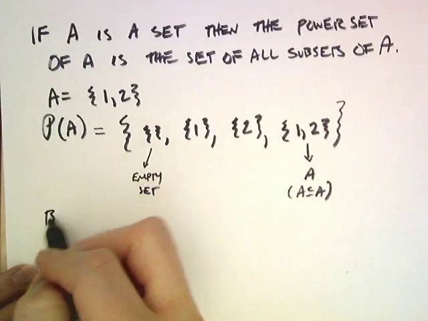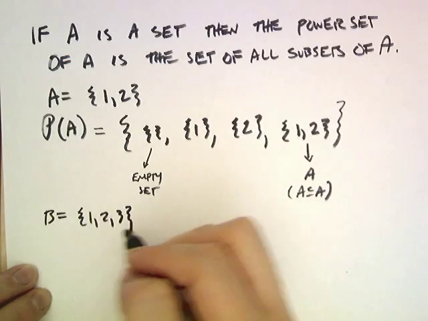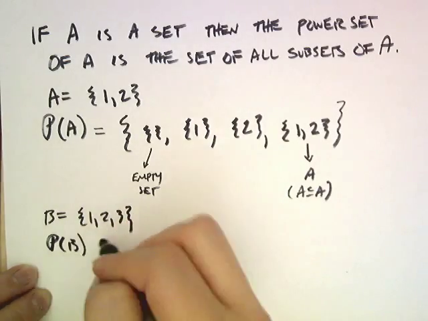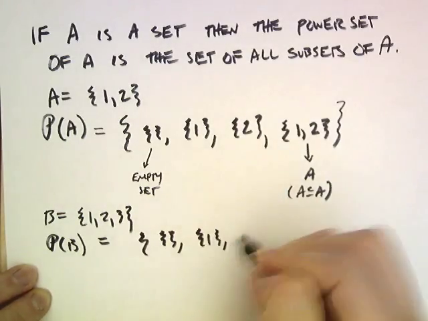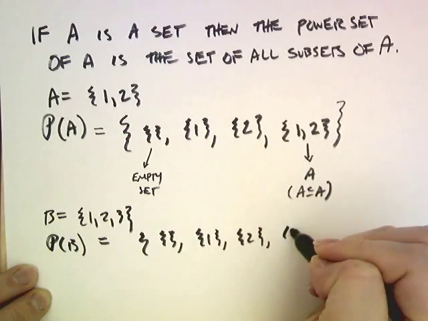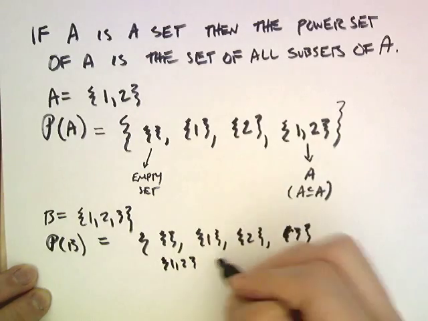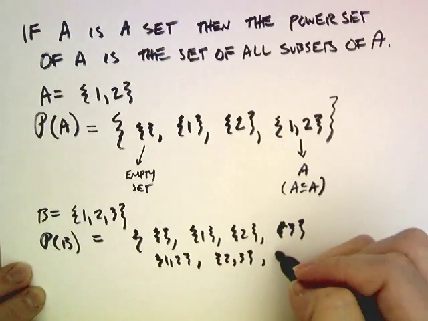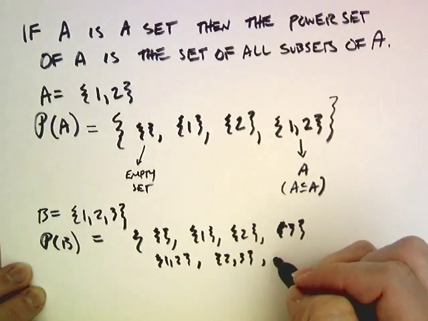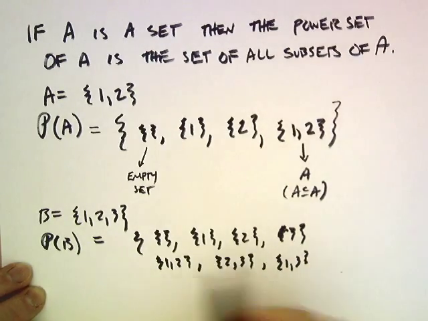Okay, we could also do B = {1, 2, 3}. The power set of B is going to have 8 elements: the empty set, {1}, {2}, {3}, {1, 2}, {2, 3}, {1, 3}, and then {1, 2, 3}.